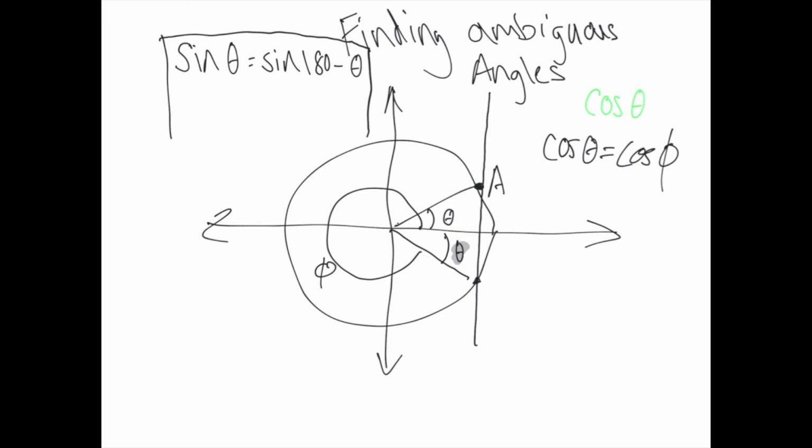So phi is going to be equal to 360 minus theta. So then that tells us that cosine of theta is going to be equal to cosine of 360 degrees minus theta.